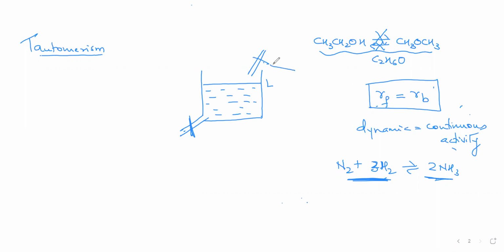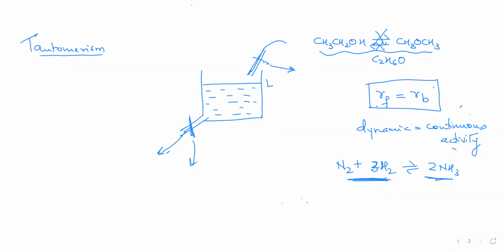Now what I do is I open this inlet and I also open the outlet, and I allow the water to come into this tank at the same rate at which the water is leaving the tank. What will happen to the level of water? Yes, the level of water will not change.